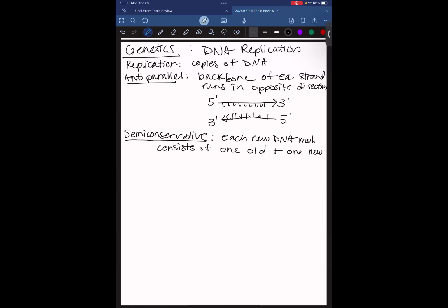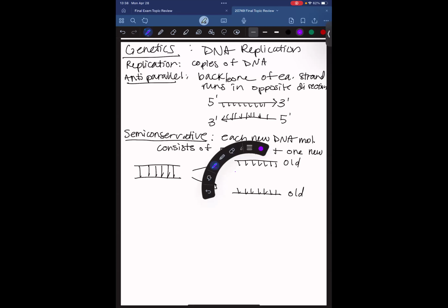So this means that if this is your old strand, we use the old strand as a template to create the new.